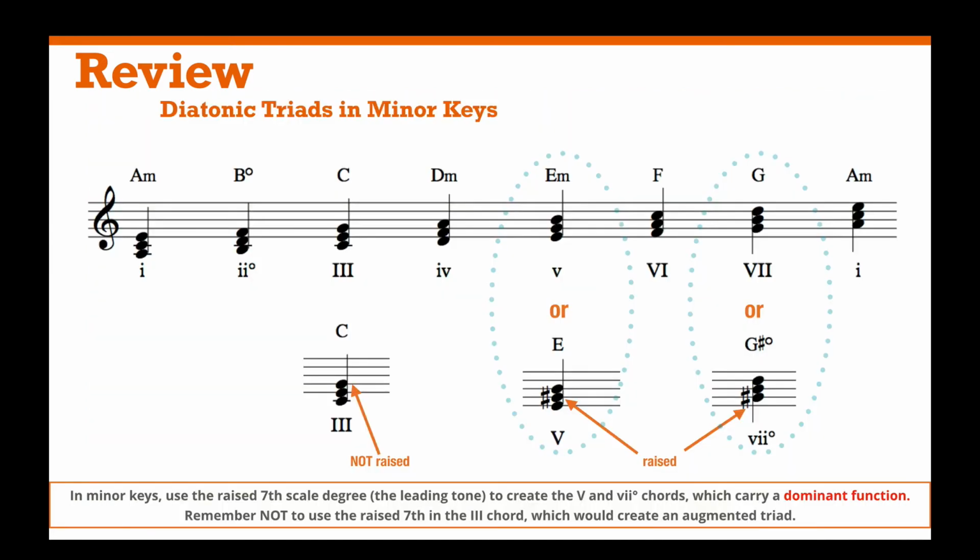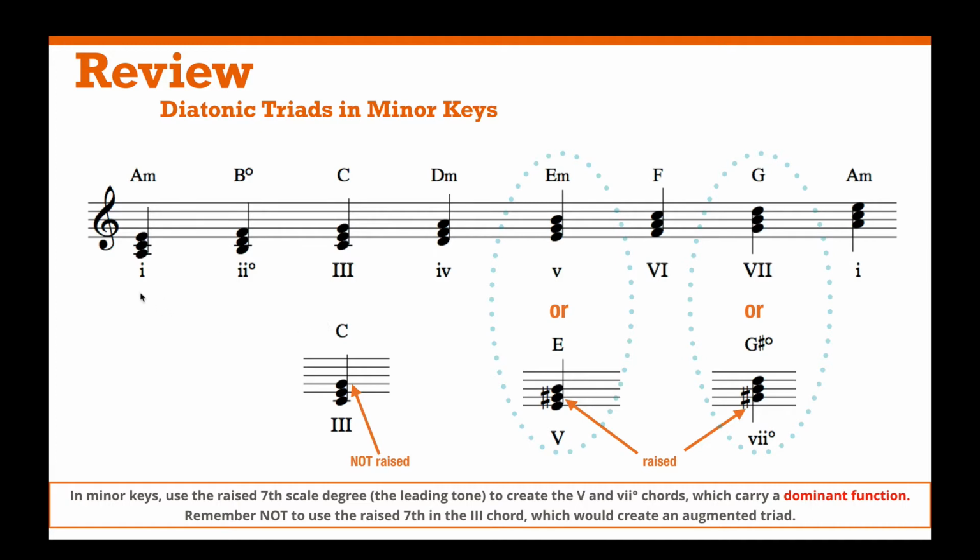Now we're taking all the same notes, moving them up to the 6th scale degree, which is now A. We're calling A minor our new tonic and building chords in relation to A minor as the center of attention, the tonic. So now, in a minor key, here's how your triads will lay out.